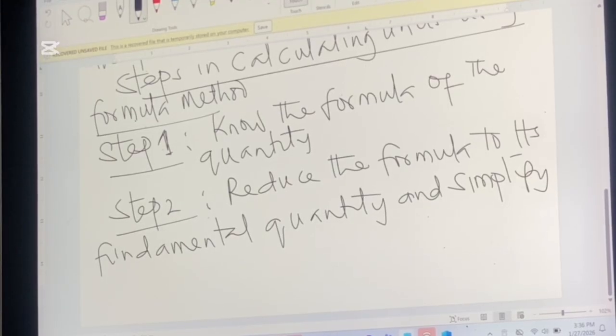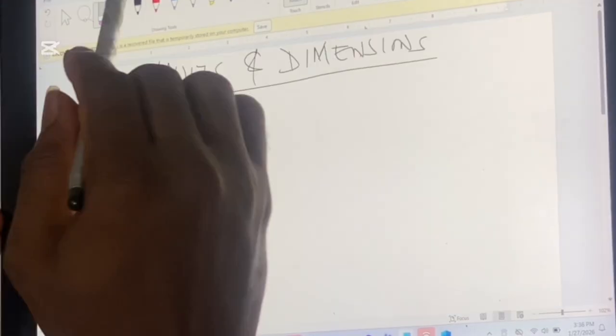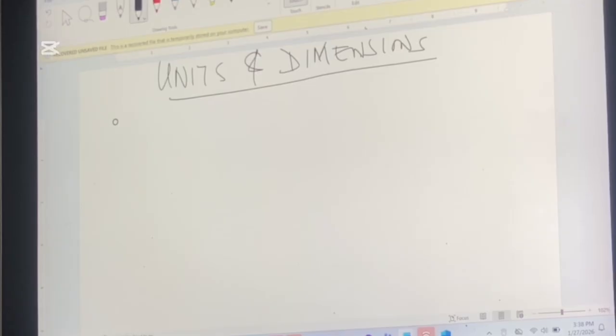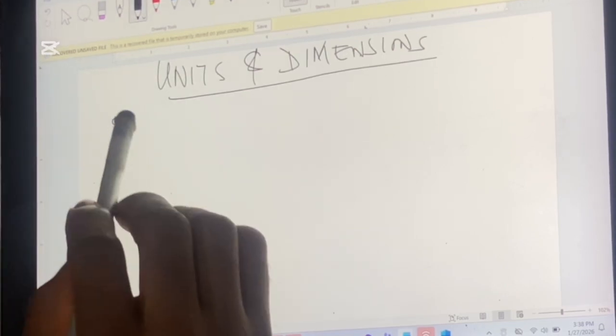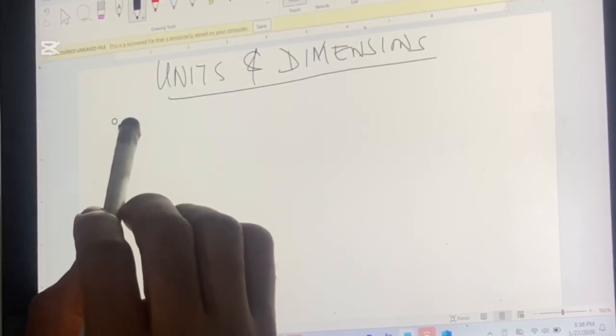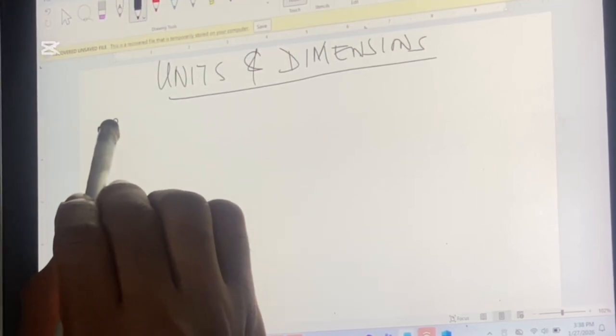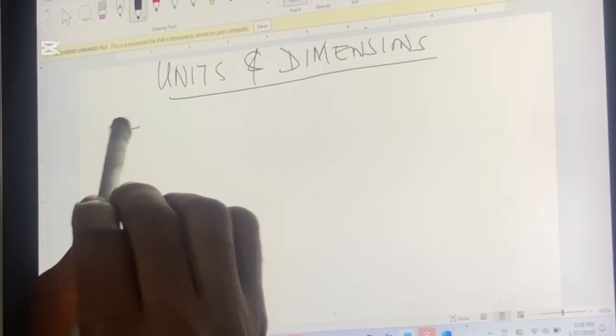So we are going to know what fundamental quantities are. Now let's know the fundamental quantities and their units.